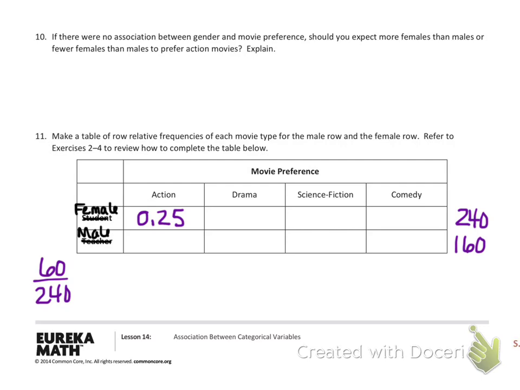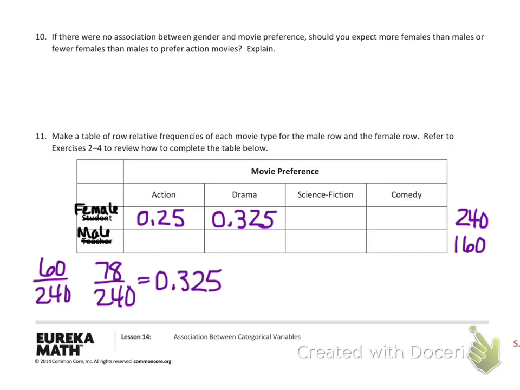The number of females who preferred drama was 78. So 78 over 240 is equal to, and please use your calculator for this. This is a perfect problem to be using a calculator on, unless you just really want to practice your division. A lot of these you can do in your head, and you should if you can.